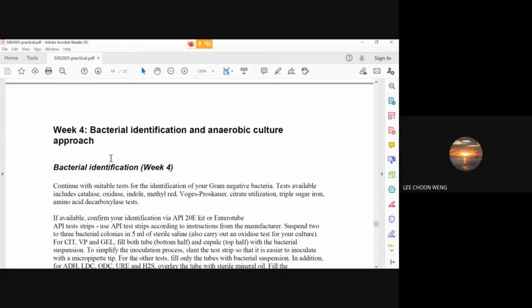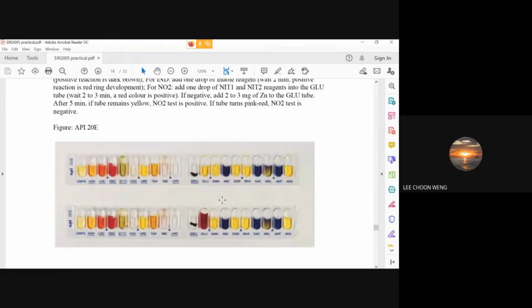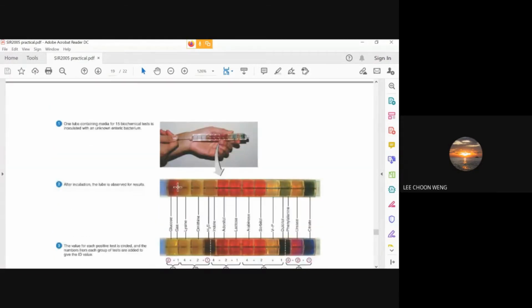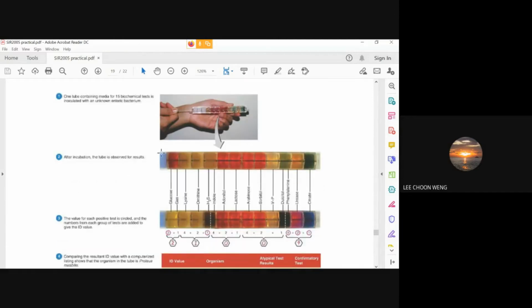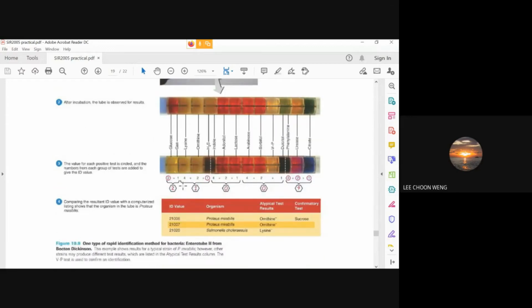Then bacterial identification, API 20E kit and enterotube. Enterotube is like this. So there's a needle here, and you have to poke it all the way through. Then also there's a code for it.